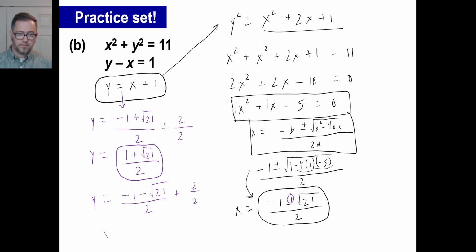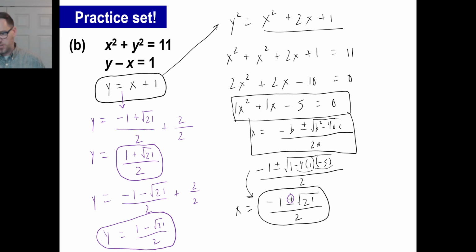And this y value will be negative 1 plus 2, which is 1, minus the square root of 21 over 2. You'll get to a point in this book where you recognize that this is how the y answer is going to work out, so you can just step on it and get that out of the way.